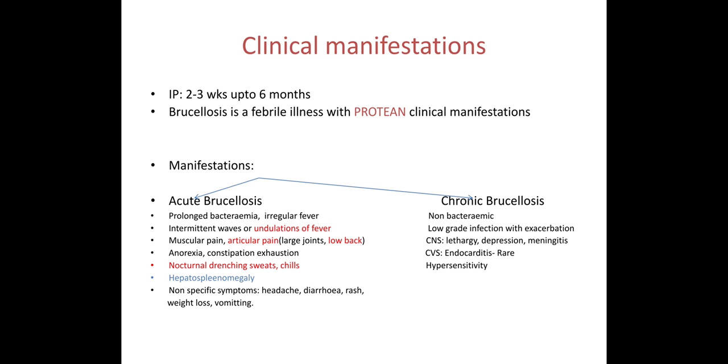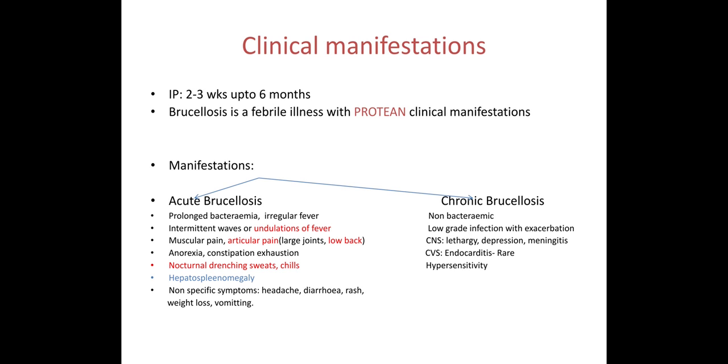Then acute brucellosis goes into a phase of chronicity because the brucellae are settled in the reticuloendothelial organs and, since they are intracellular, they remain multiplying in these organs and brucellosis becomes chronic. In chronic brucellosis, there is no bacteremia. Very low grade infection with in-between exacerbations may be seen.